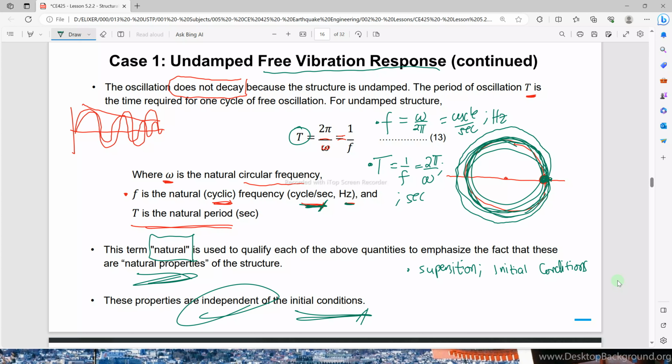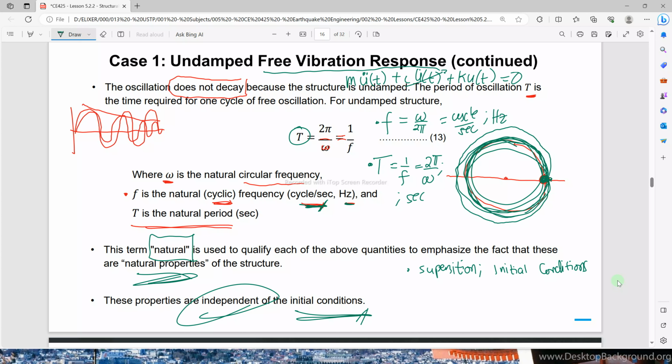And then we have this equation: m u double dot of t plus c u dot of t plus k u of t is equal to 0. Now we consider the undamped condition of the structure in free vibration response, so c is equal to 0.